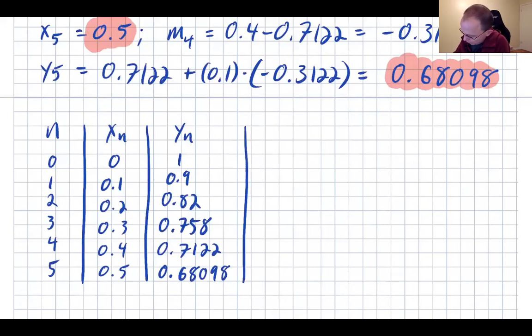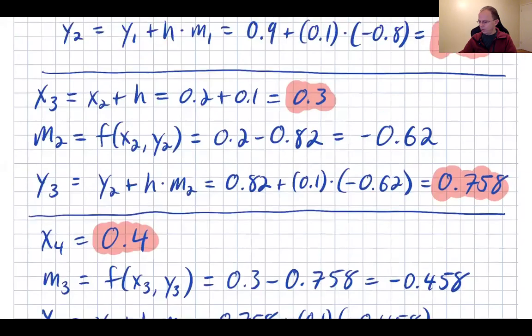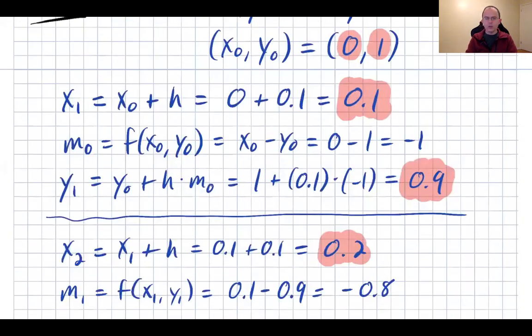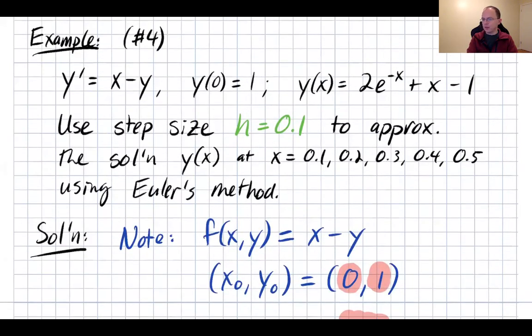Okay, the moment of truth. Let's calculate the true value. Remember, y of x is the true value of the solution. So I'm just going to enter this in my computer here. So what was the true solution? We have it up here somewhere. So the true solution is 2 times the exponential of minus x plus x minus 1.